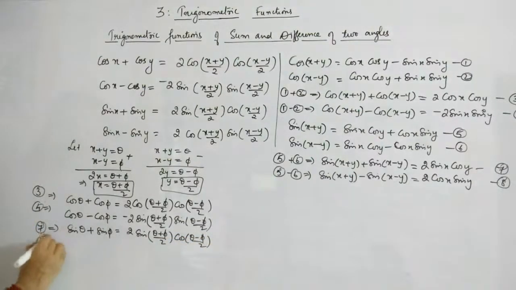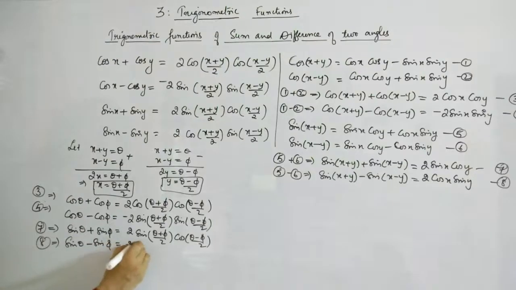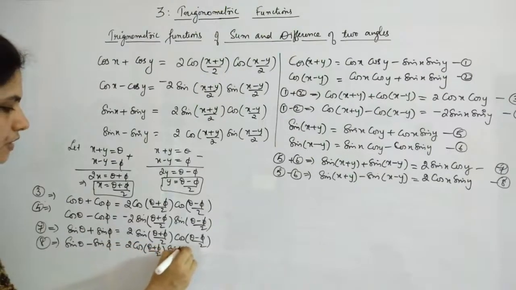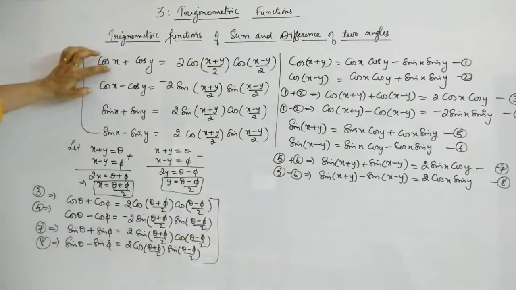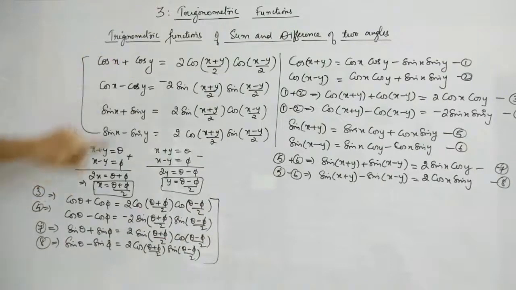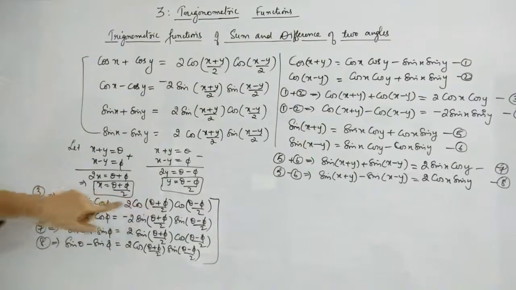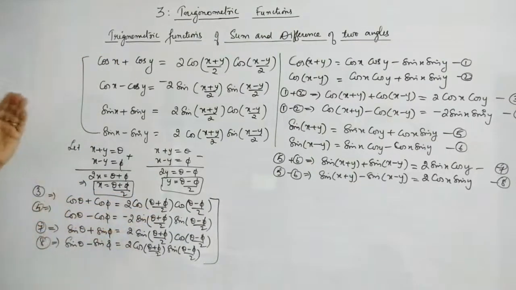And equation number 8 becomes sine theta minus sine phi is equal to 2 cos of (theta plus phi) by 2 times sine of (theta minus phi) by 2. Now you can match these 4 formulae with the earlier 4. You find that instead of x you have theta, and instead of y you have phi. The remaining is all the same.